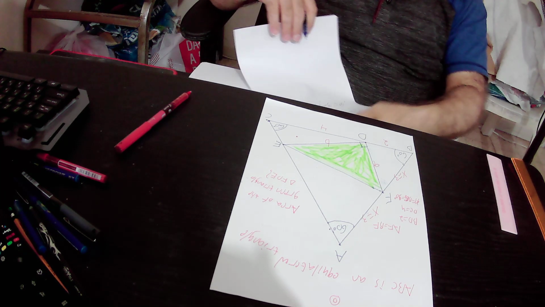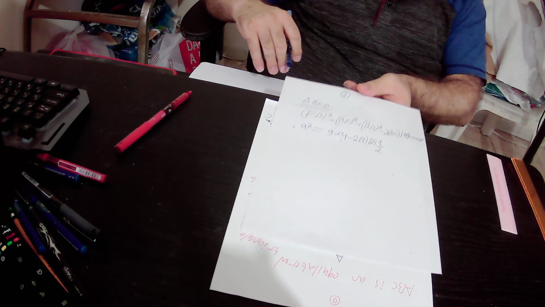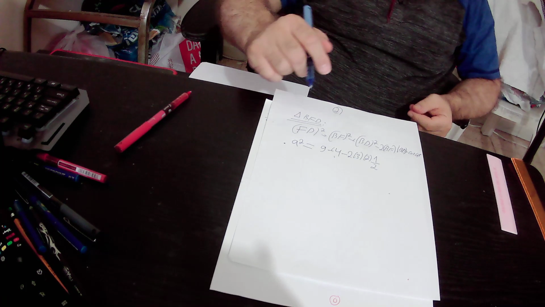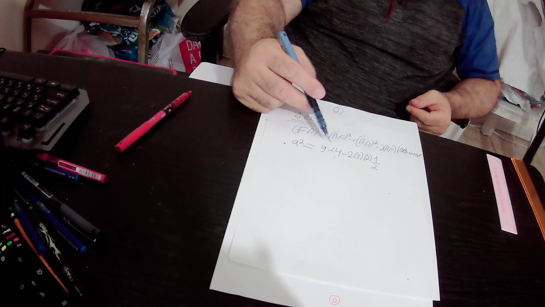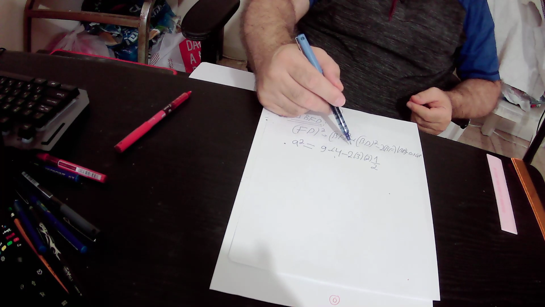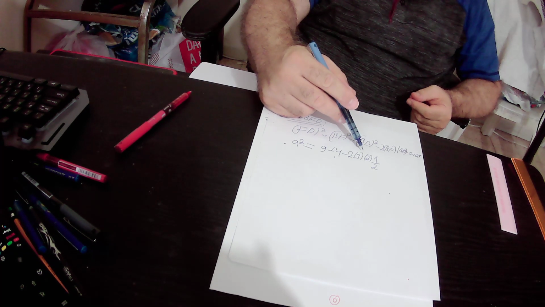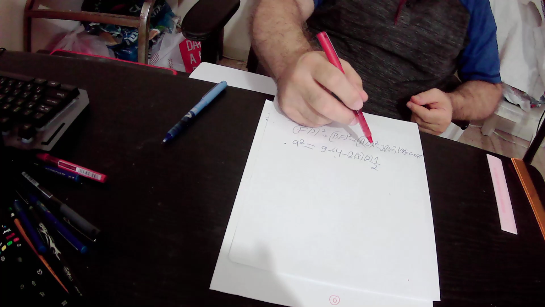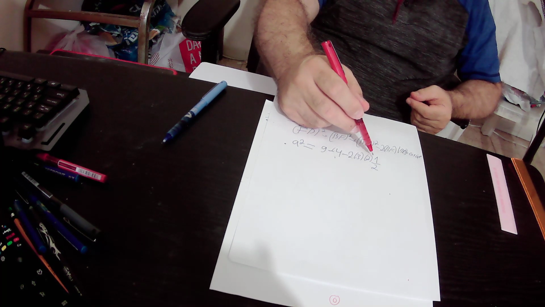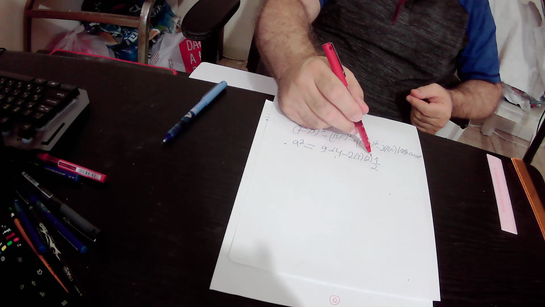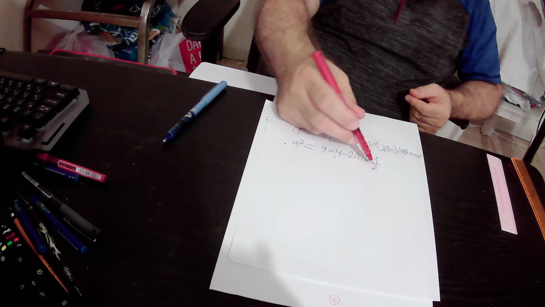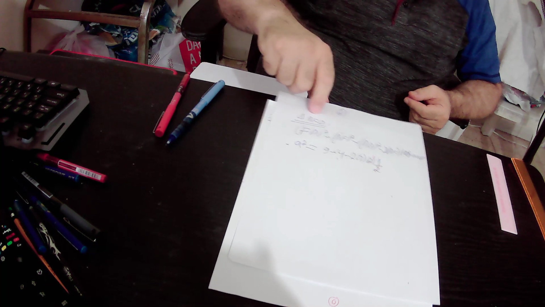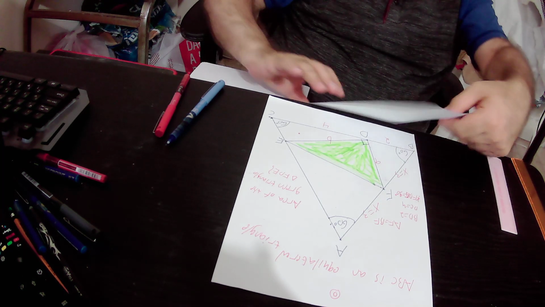So in total we got that A square equals 9 plus 4 minus 2 times 3 times 2 over 2. Here we have 2 in the numerator and 2 in the denominator, so we can cancel 2. And what is left after we cancel 2 here?